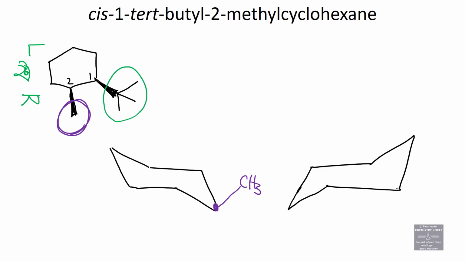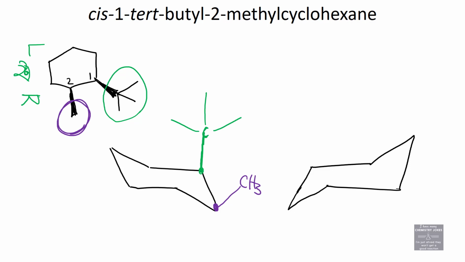What about this big honkin' tert-butyl? Tert-butyl back here on this carbon also pointed up because cis means same side, pointed the same direction. So up on that carbon is axial. It's the carbon of the tert-butyl that's axial. And then the rest of the butyl is just branched off of there like a normal branched thing.